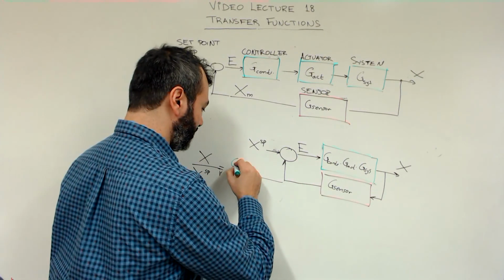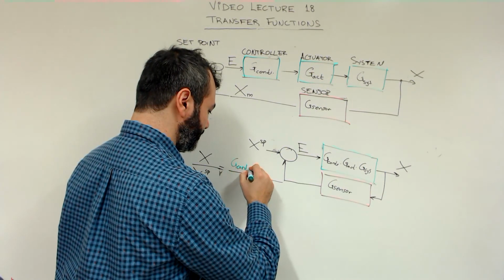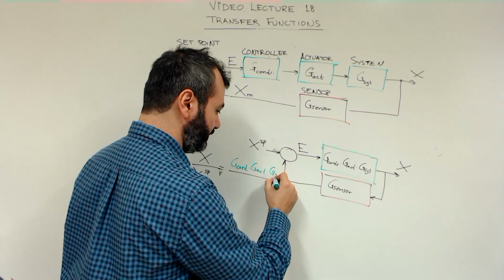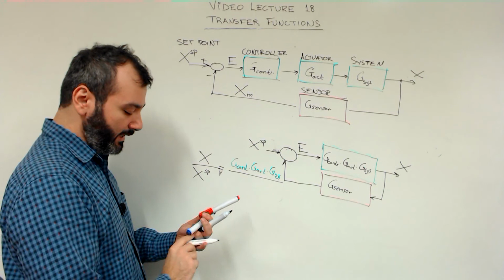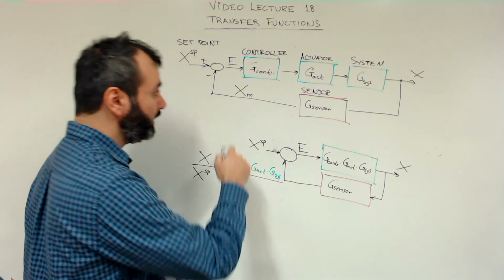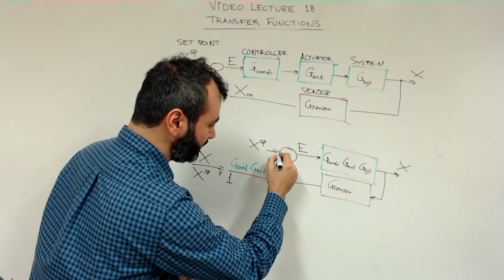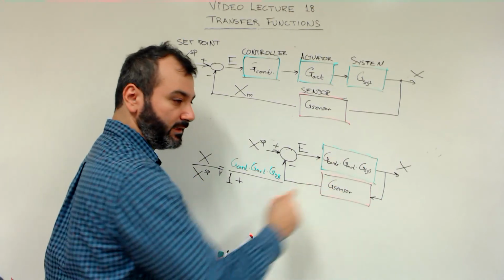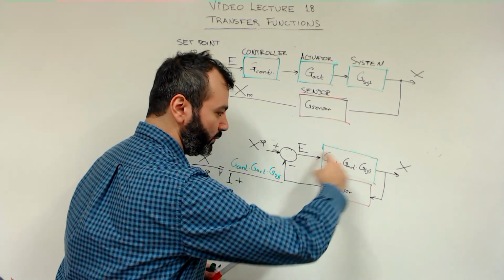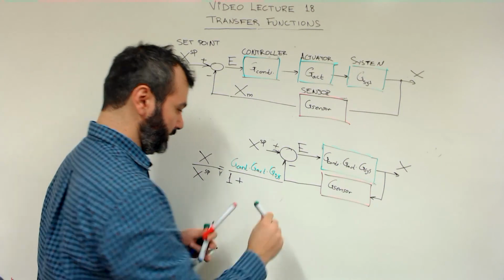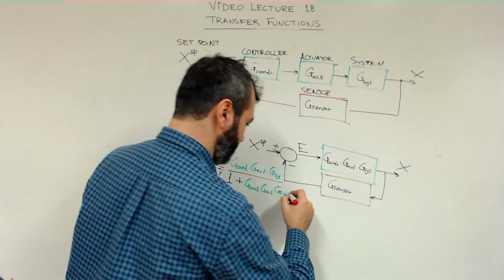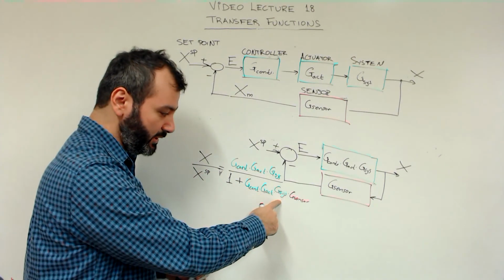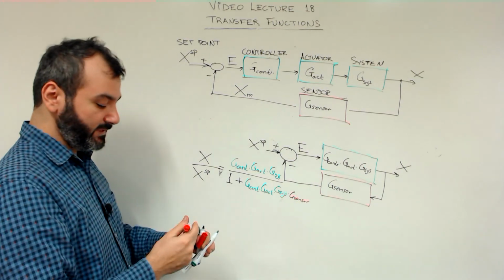Let's write here G controller times G actuator times G system, and in the denominator we put 1. We have a minus here, we have a minus here, so minus becomes a plus, and then it is the product of the functions that we have in the loop. So it is G controller times G actuator times G of the system times G of the sensor.